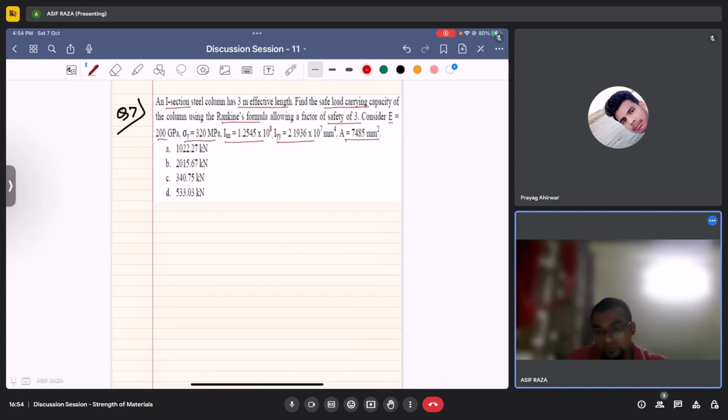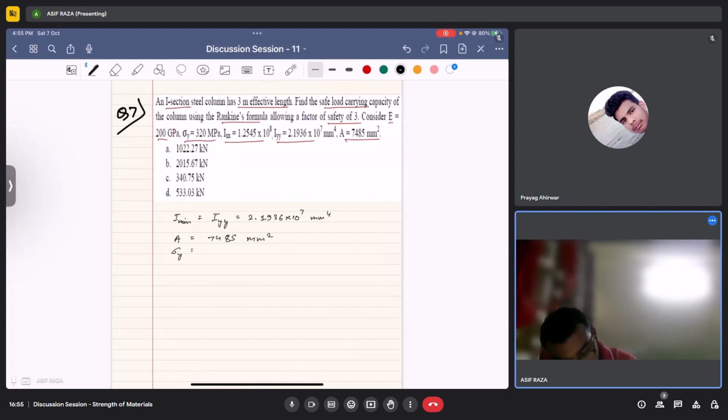Okay, now to find the radius of gyration we need to take I minimum. And if you see, I minimum is I by y, that is 2.1936 into 10 power 7 mm^4. Okay, area is 7485 mm square.